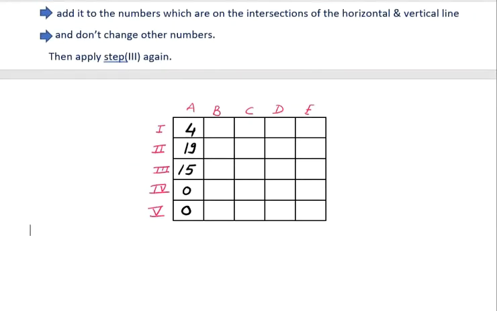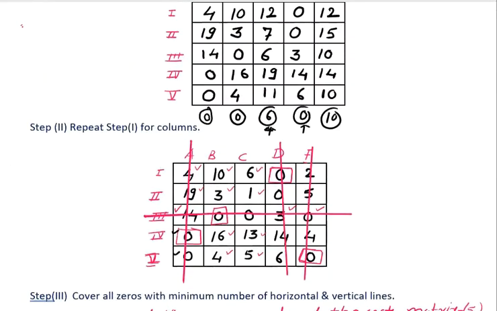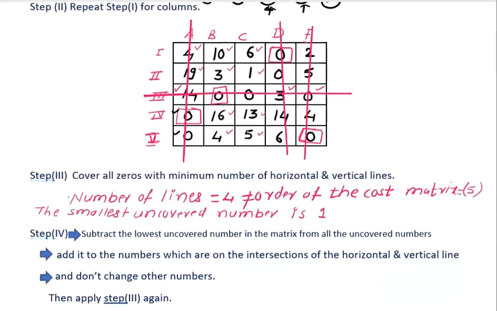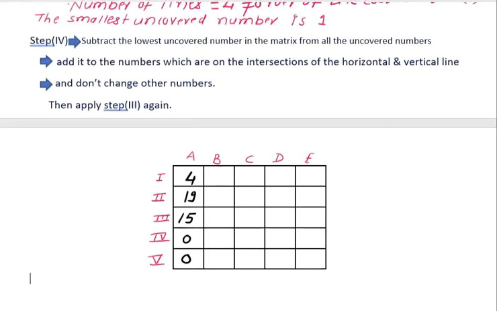Let us write down the elements in the second column. 10 and 3 are uncovered numbers. So we have to subtract 1 from all the uncovered numbers. So 10 minus 1 is 9 and 3 minus 1 is 2. 9 and 2 are the first two numbers in the second column.